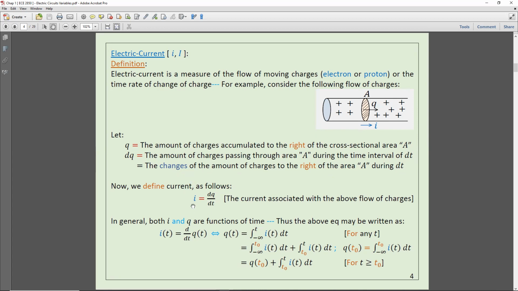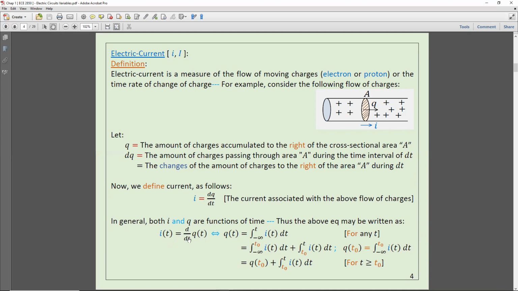From here, we can create a relation or equation between current and Q. The current i is actually dq over dt, where d is differentiation, the time rate of change of Q. And because Q and i are time dependent, we write them as functions of time, i of t and q of t. This is a very important relation. You should know this relation.